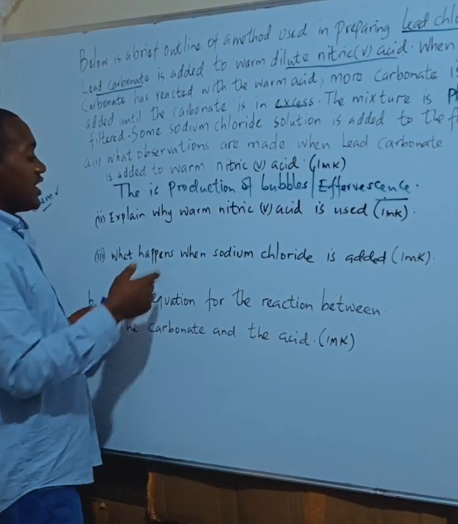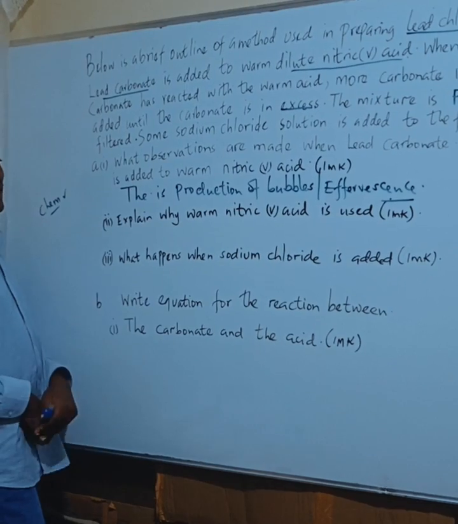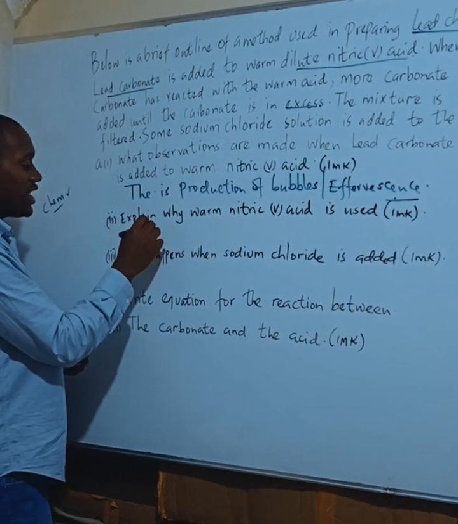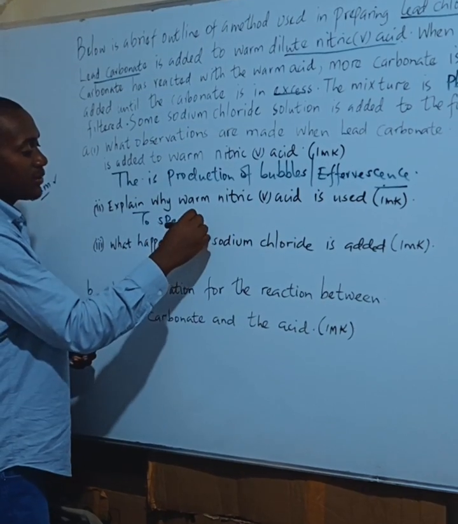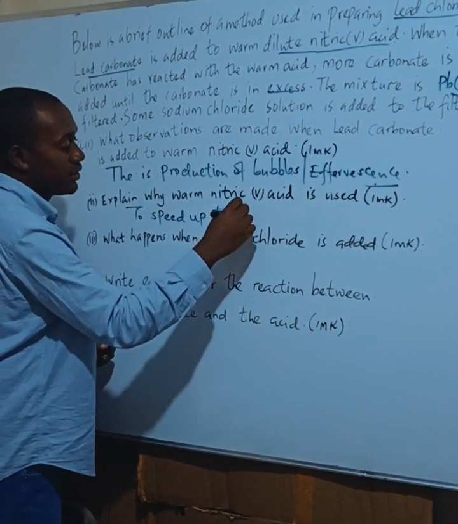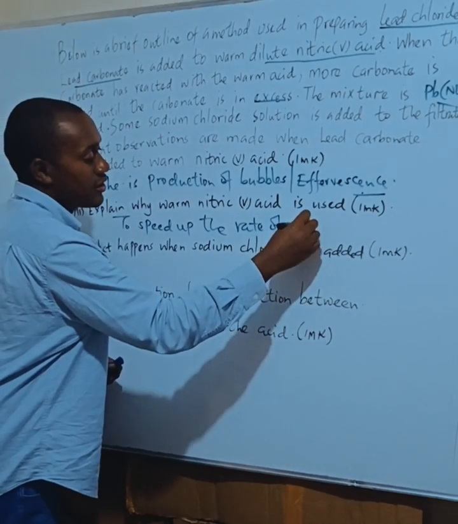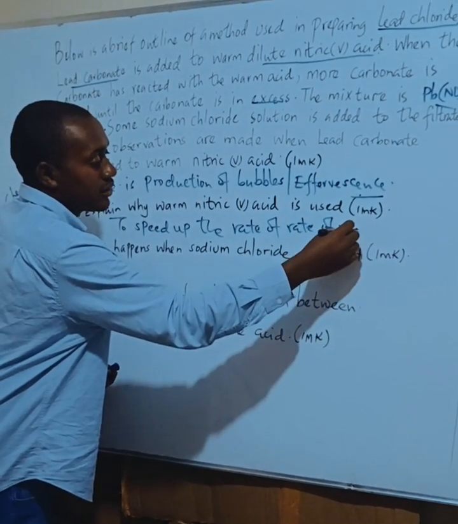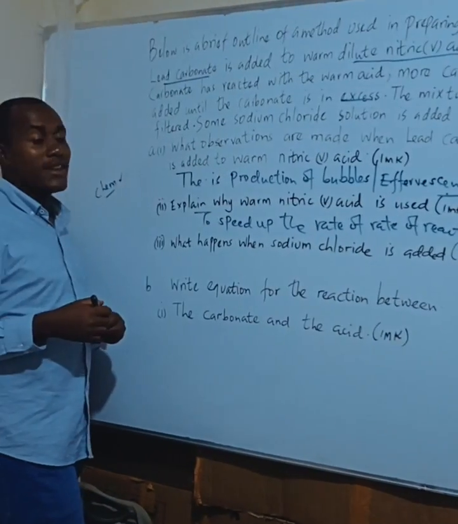Explain why warm dilute nitric acid is used. It is to speed up the rate of reaction, for the reaction to take place very fast.